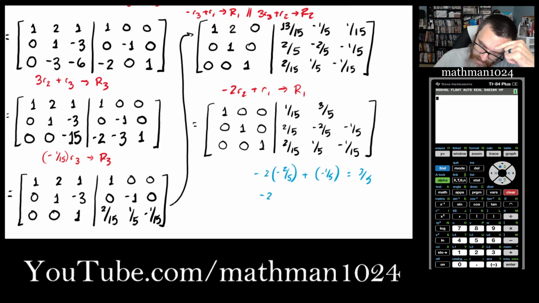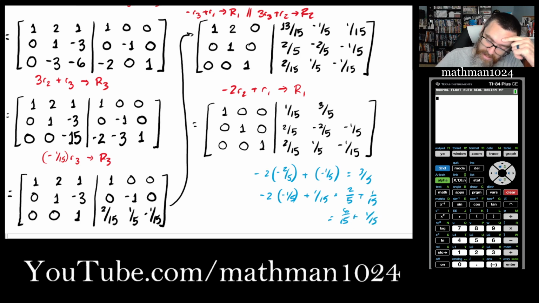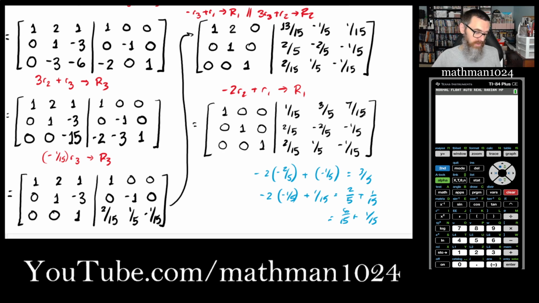And then we have negative 2 times row 2, that's negative 1/5, plus 1/15. So 2/5 plus 1/15. This becomes 6/15 plus 1/15, and that's 7/15. There is your inverse.